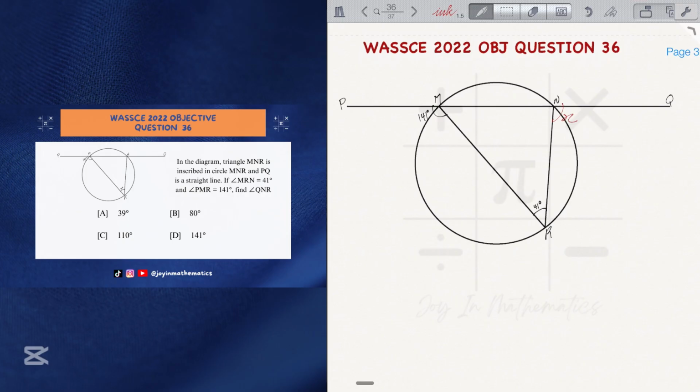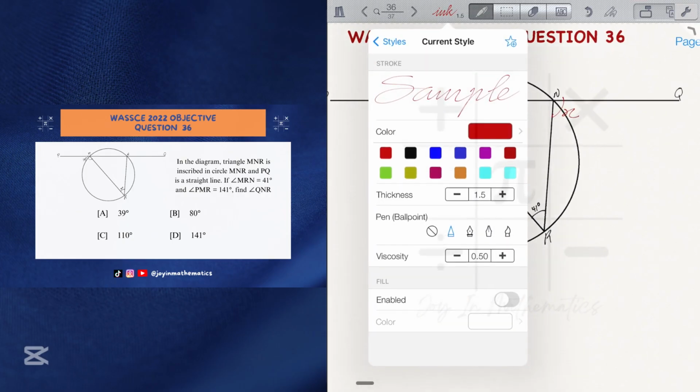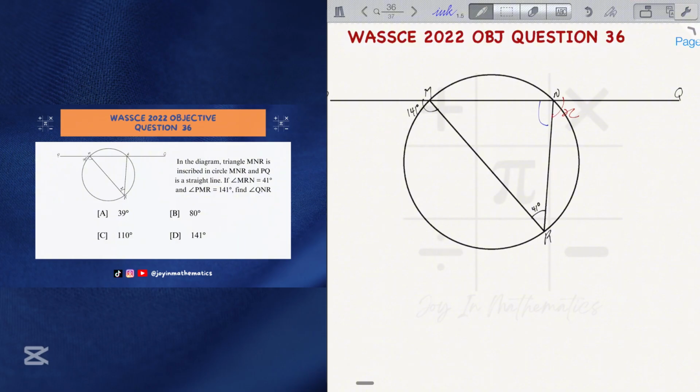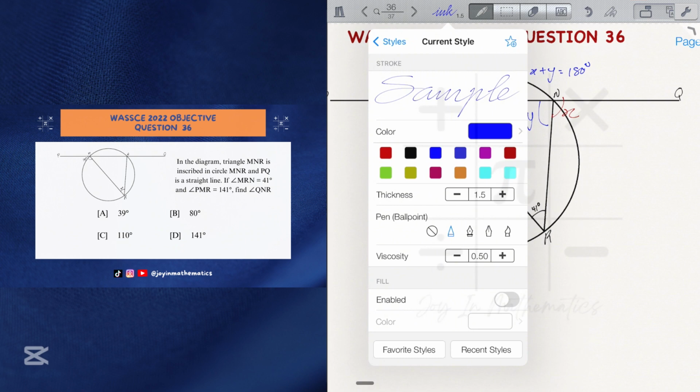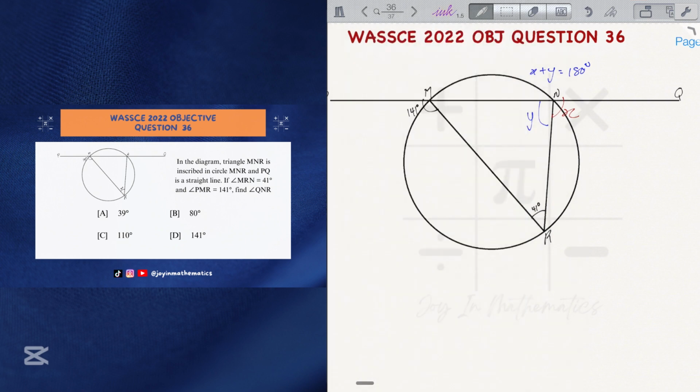If we look closely, for us to get X, we have to know the value of Y, so that X plus Y will be equal to 180 degrees, because we will apply the principle of sum of angles on a straight line. Now to get the value of Y, we have to know all the values in the triangle. So we have to know this Z, such that Z plus Y plus 41 is equal to 180 degrees.